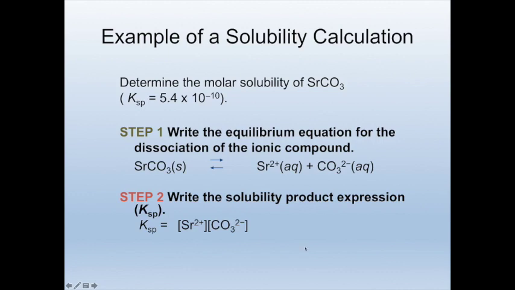So for example, if you want to find the molar solubility of strontium carbonate, it has a KSP value of 5.4 times 10 to the minus 10. So you write out the equilibrium equation. Strontium carbonate dissolves to form strontium ions and carbonate ions. The solubility product is concentration of strontium times the concentration of carbonate.